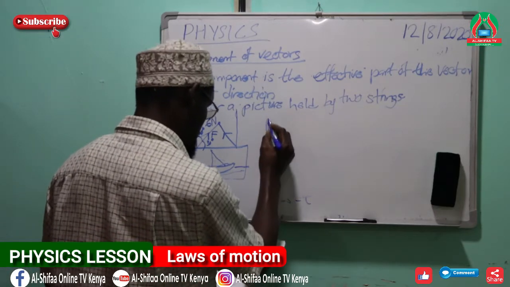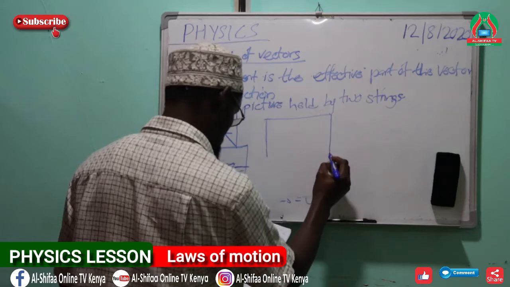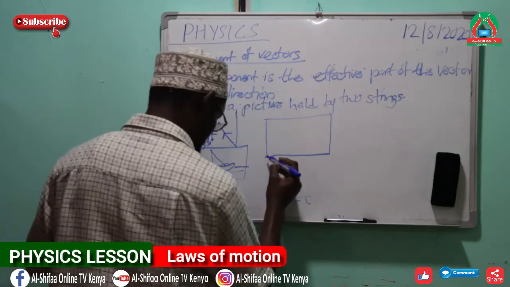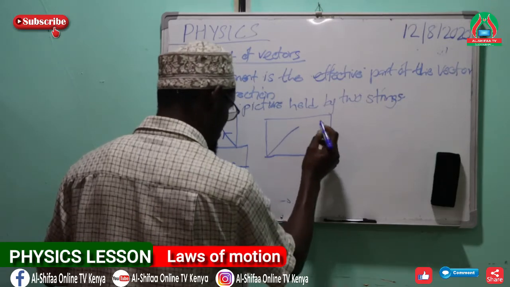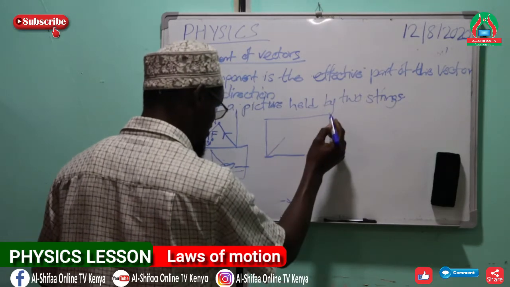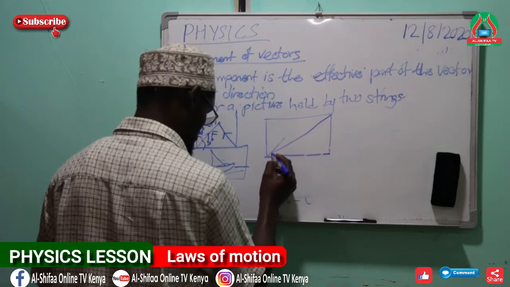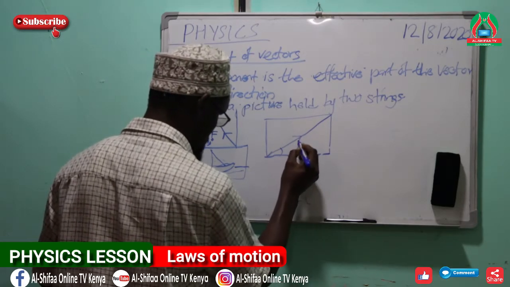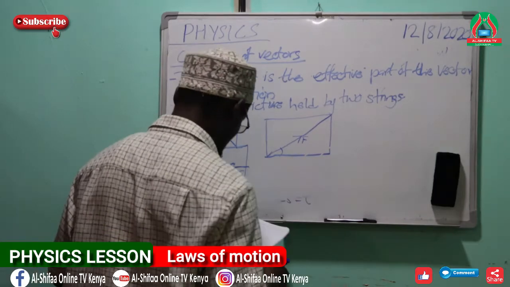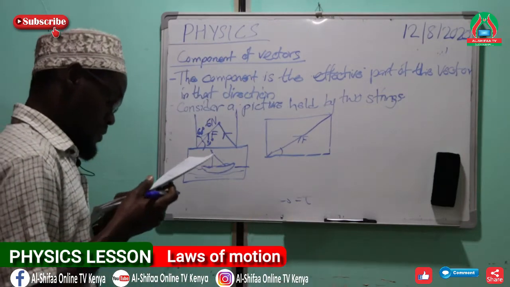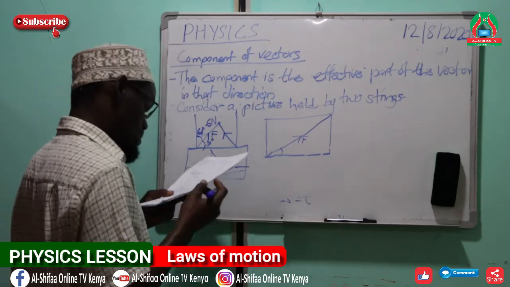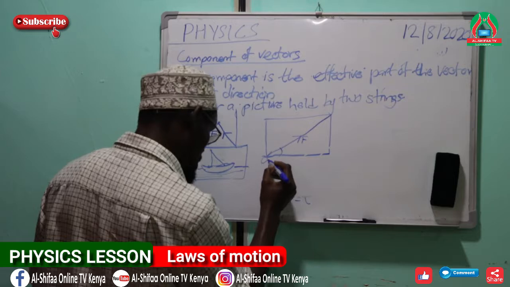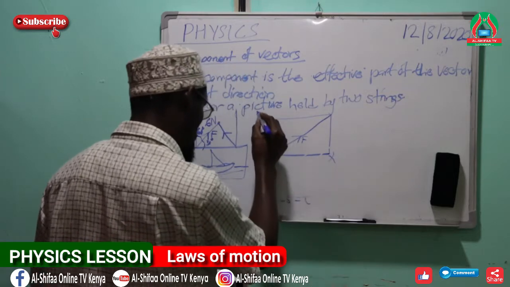When you draw a rectangle or the representation of the force, we see that this is the angle and this the direction of the force. So this is the direction, this is OX and this is OY.